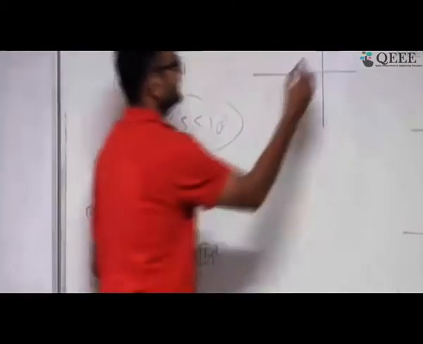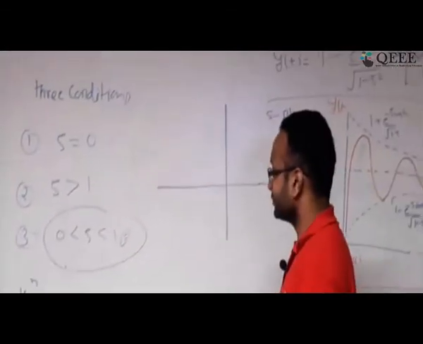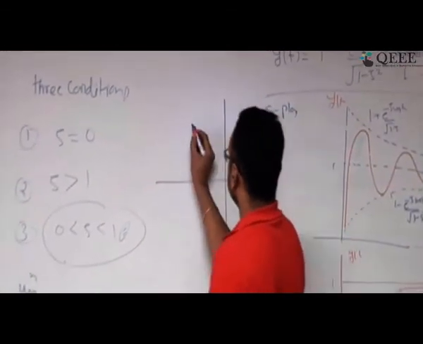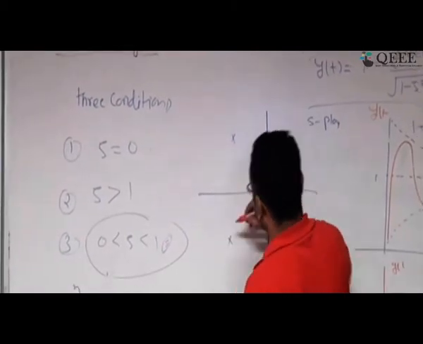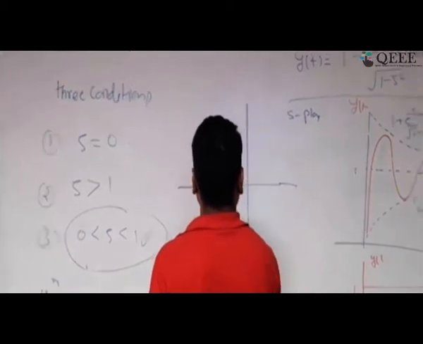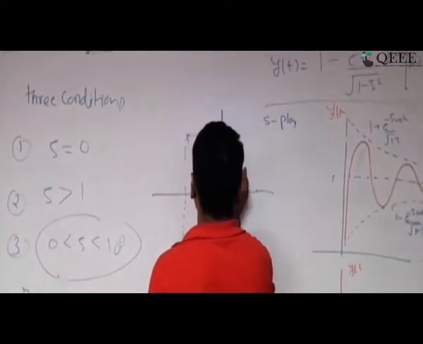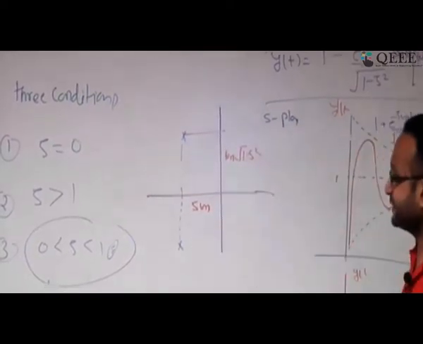Now if we look at it, this is my S plane, and what will be the location of the roots of the system? This is going to be the real part, okay, and the real part is denoted by zeta omega n, and the imaginary part is omega n root of 1 minus zeta square. Okay, this is going to be a typical scenario.